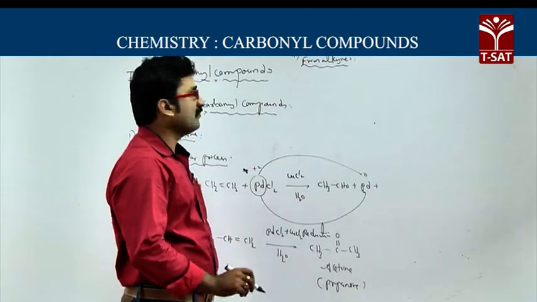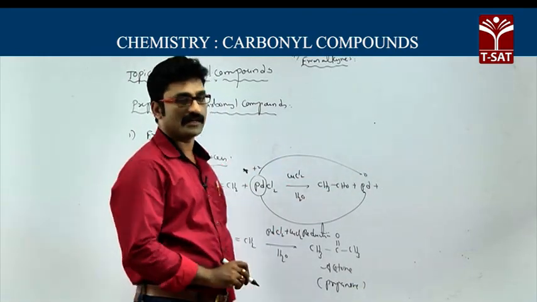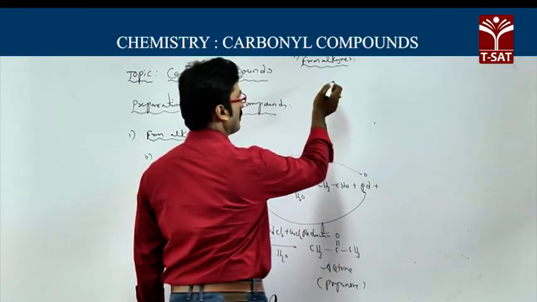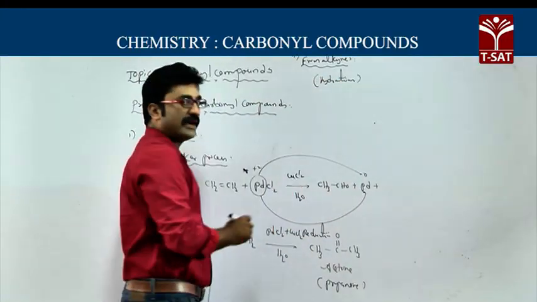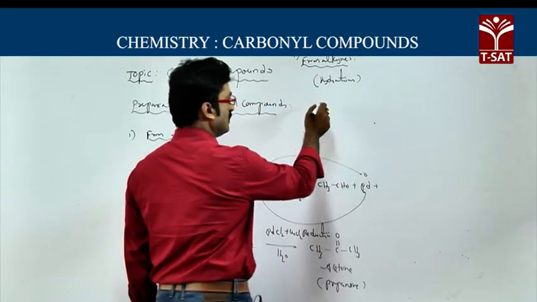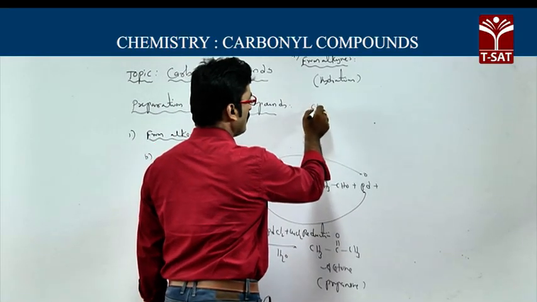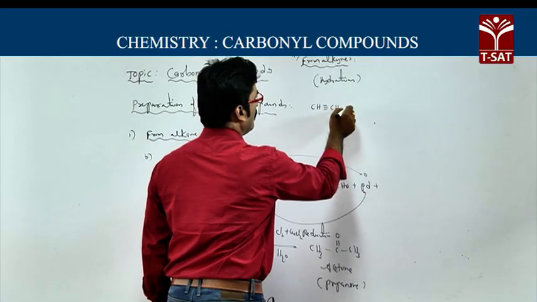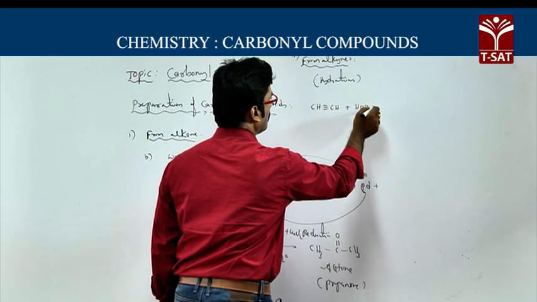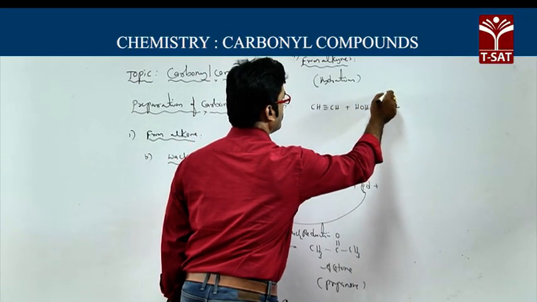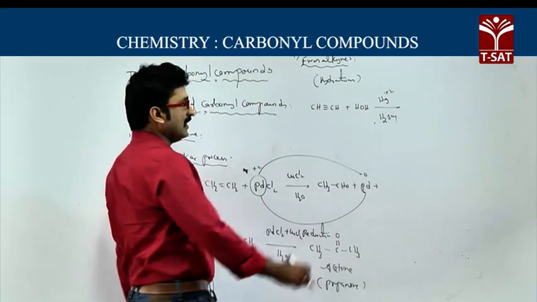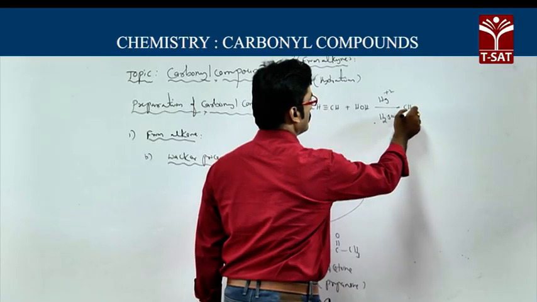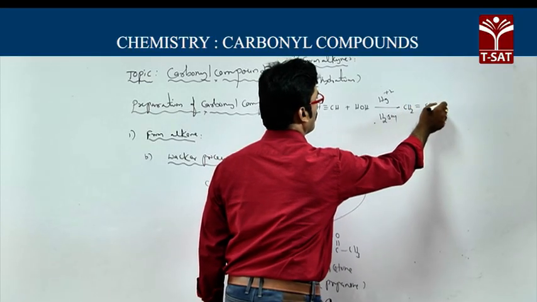From alkynes we can prepare aldehydes as well as ketones by the process called hydration. Hydration is nothing but addition of water. So in this case, say I have taken acetylene. When acetylene reacts with water in the presence of Hg2+ and H2SO4, now you will get CH2=CHOH.